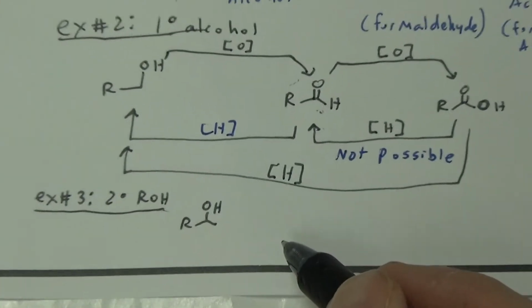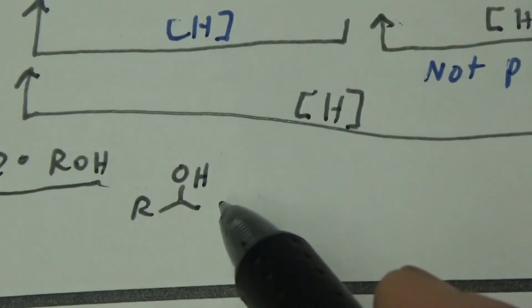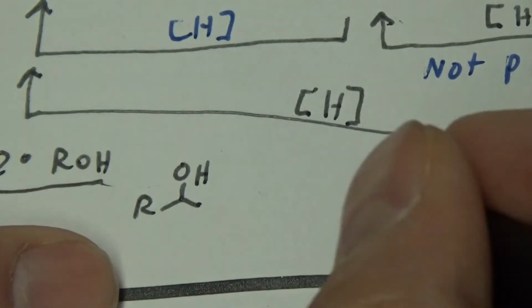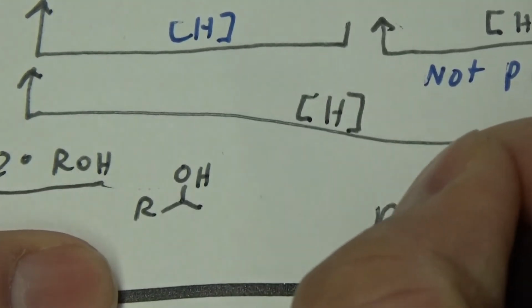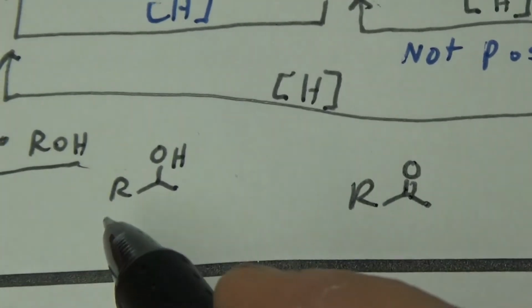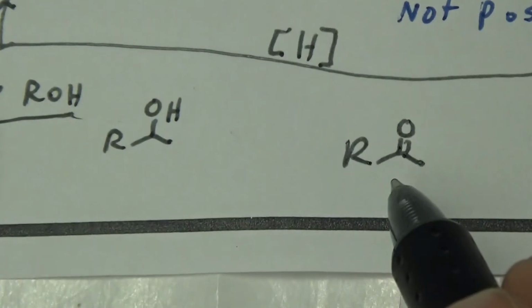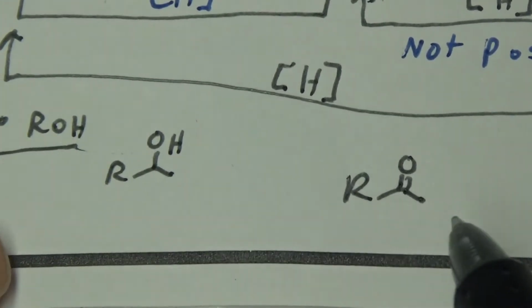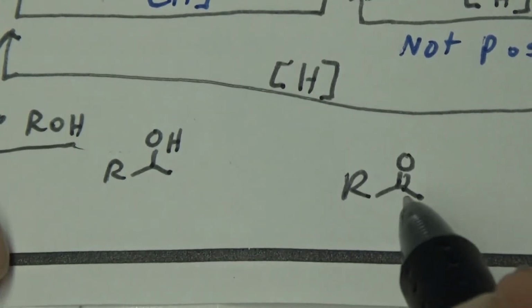what is the higher oxidation state of a secondary alcohol? The higher oxidation state, if you go from 1 bond to oxygen to 2 bonds to oxygen, what would that be called? Not an aldehyde, but, think of your functional group names, begins with K, ends with ONE. It's a ketone.